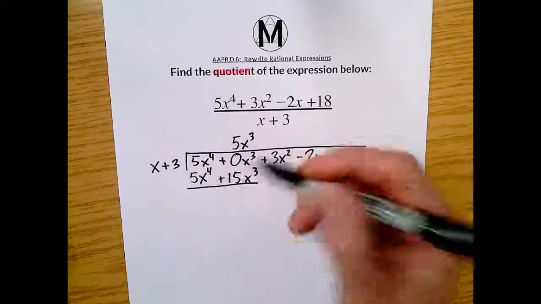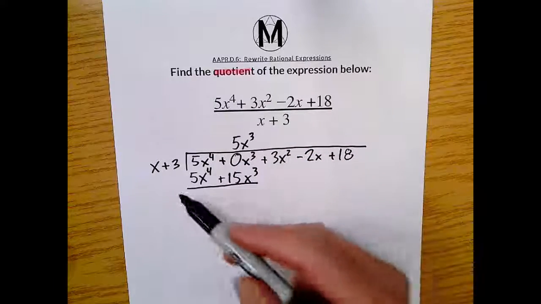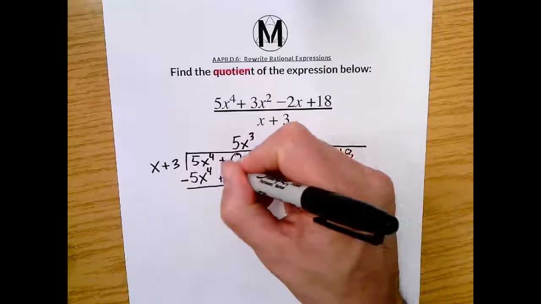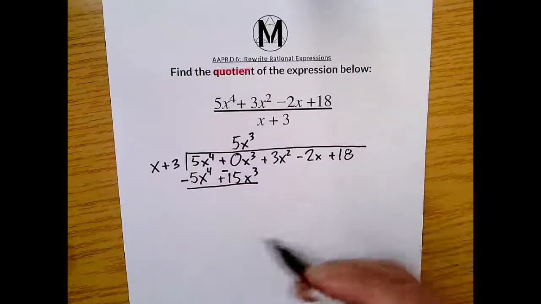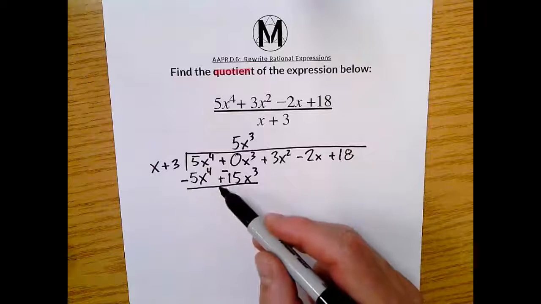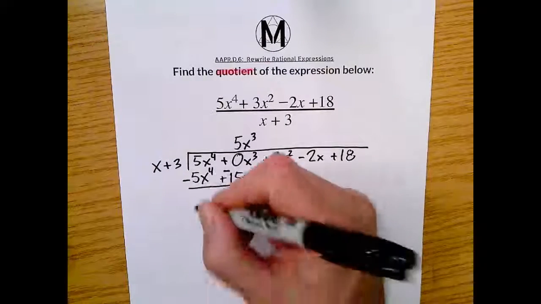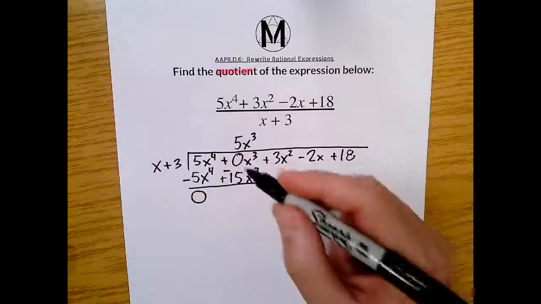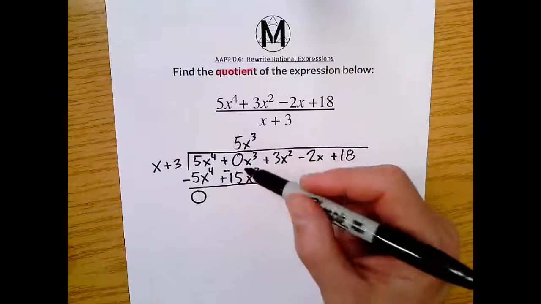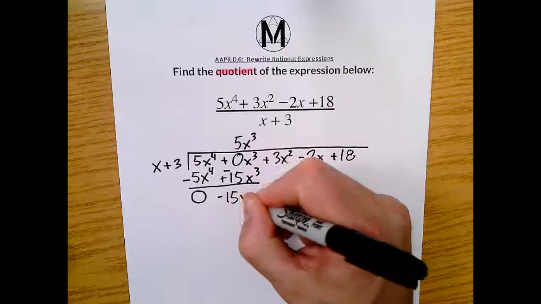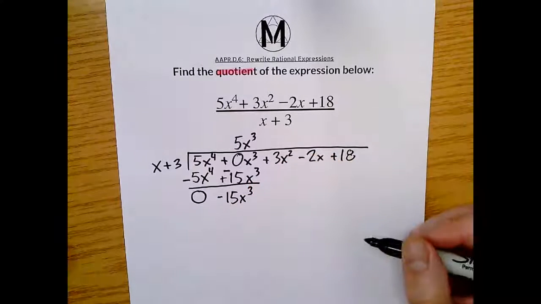And when we subtract these, you're essentially distributing a -1. And if you want, you can just think about I'm just changing the signs here. This was positive, so it became negative. And this is positive, so it becomes negative. 5x to the fourth minus 5x to the fourth is 0. And then we have nothing up here. That's a big 0. So if we take this from 0, we just get a negative 15x to the third power.